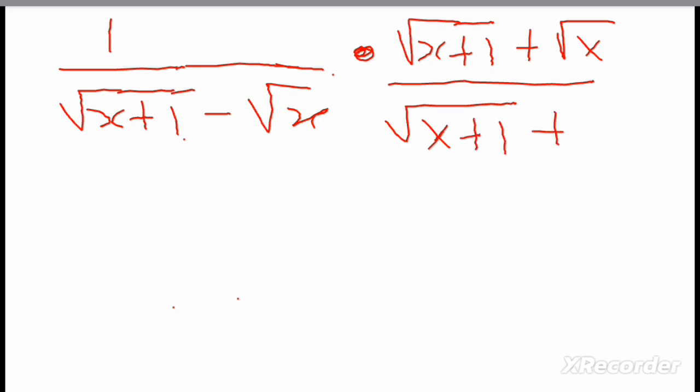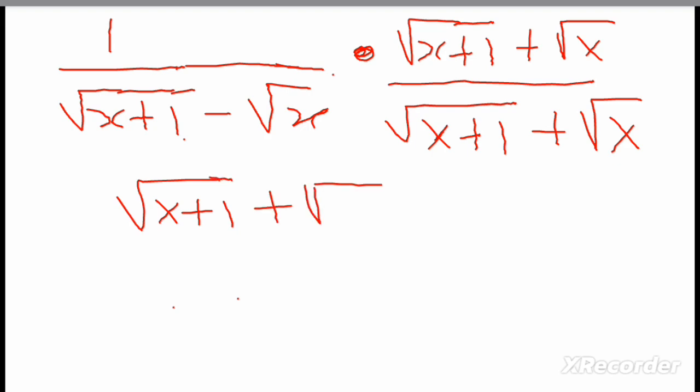Over the square root of x plus 1 plus the square root of x. You multiply the whole of the numerator, you have the square root of x plus 1, plus the square root of x, over root x plus 1 times root x plus 1. You have got x plus 1. You multiply the negative times positive, you have got negative.